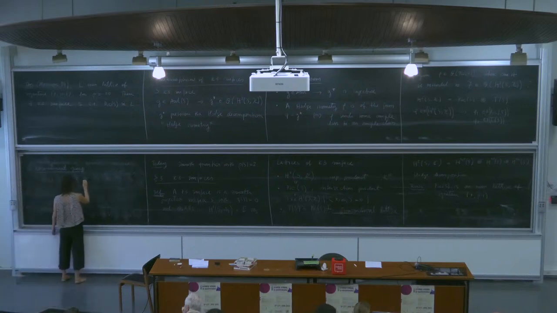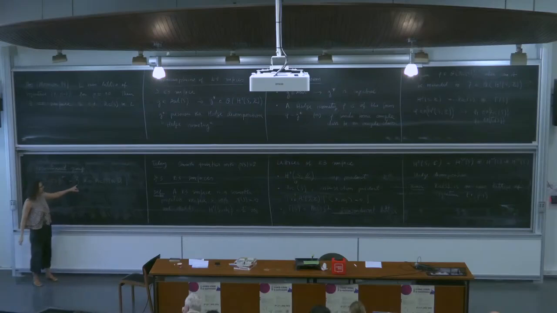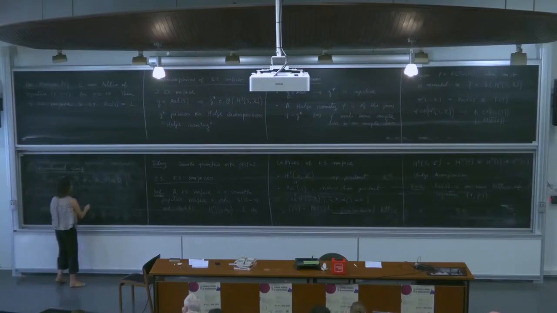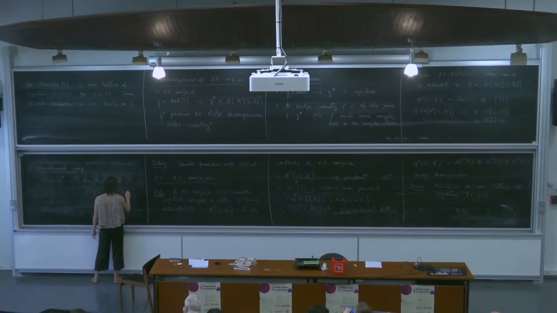I take the elements x in Pic(S) tensored with Q whose pairing with any element of Pic(S) is still an integer, so such that for every y in Pic(S), x dot y is an integer.